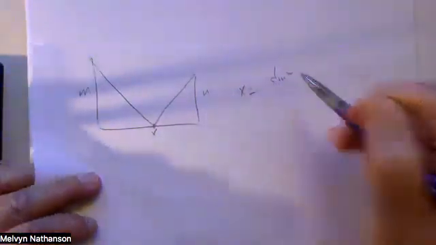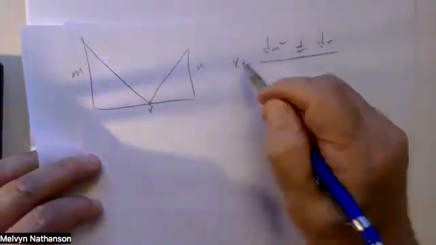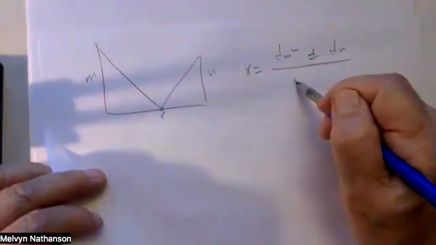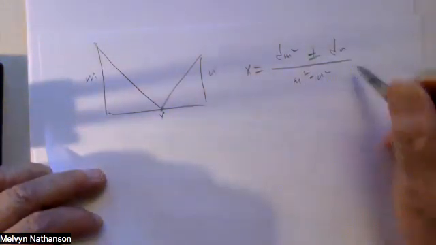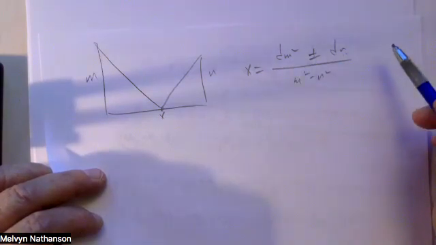So we have dm squared plus or minus dn over m squared minus n squared. But something is wrong because this shouldn't be a square if this is a square. They should have the same degree. So I just want to go back and double check my work again.